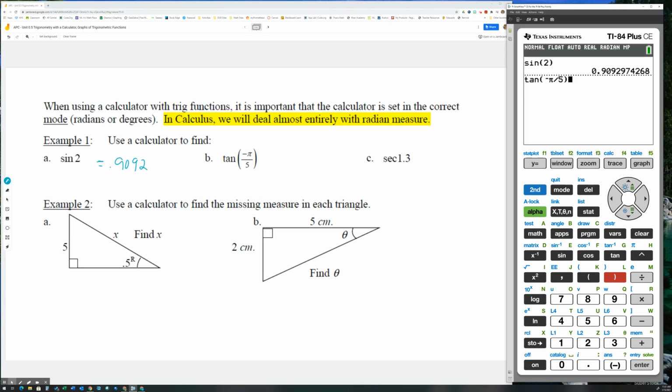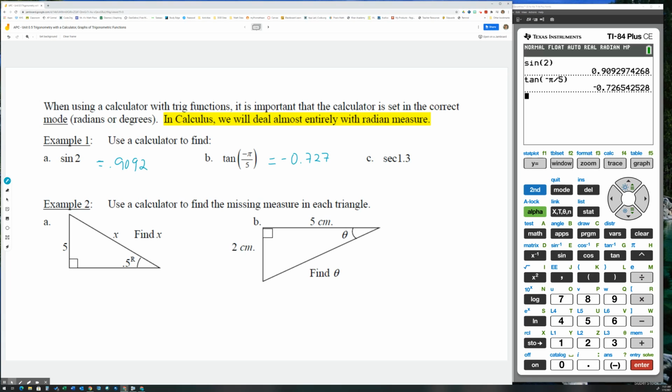Without it, it will be just taking a little part of it. When you do that, that gives us negative 0.7265, or if we round to 3 places, negative 0.727. Either one would be fine. So this equals negative 0.727.